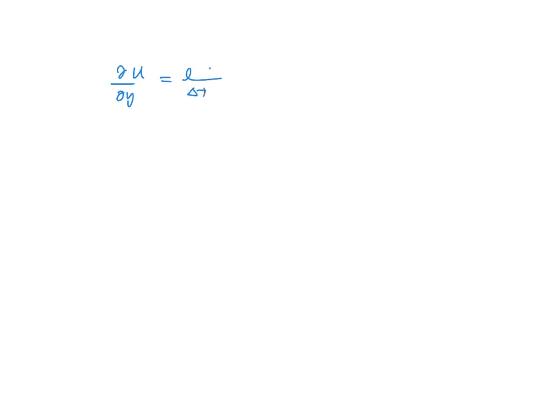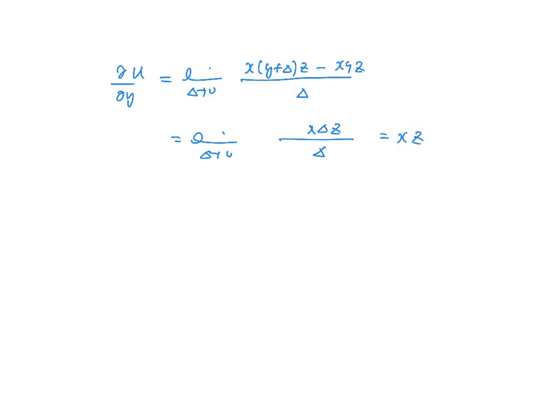The limit as delta goes to 0 of (x(y plus delta)z minus xyz) over delta, which is xz.